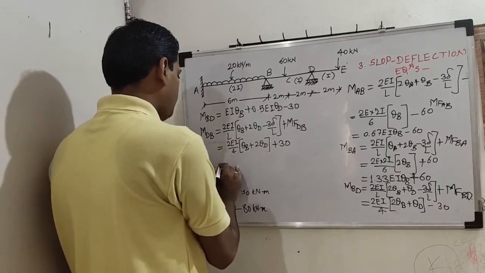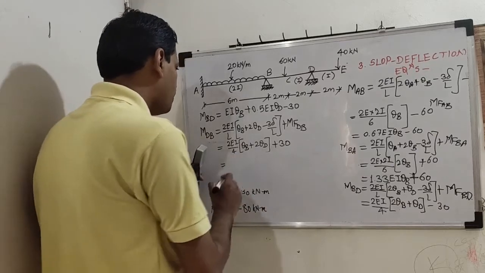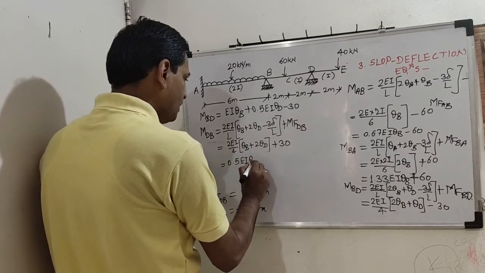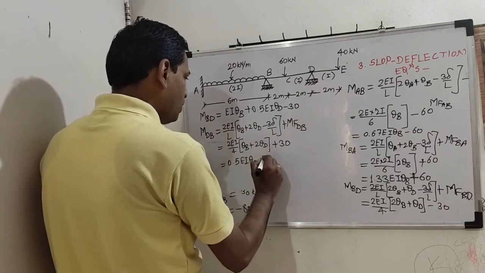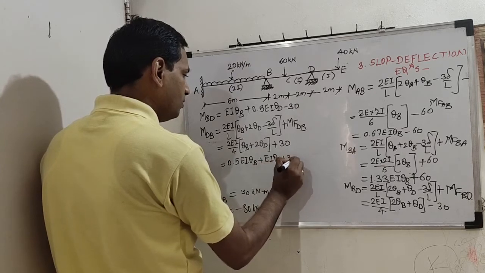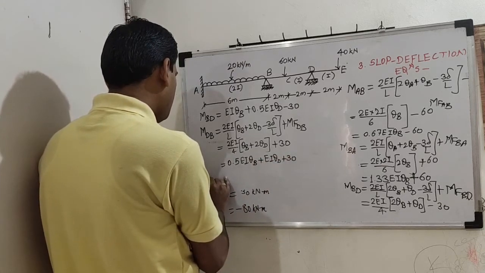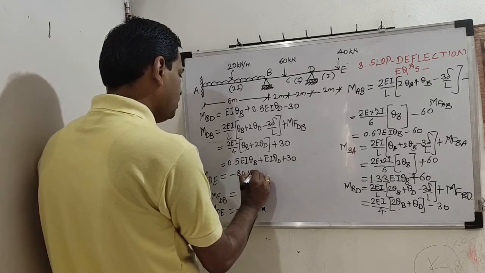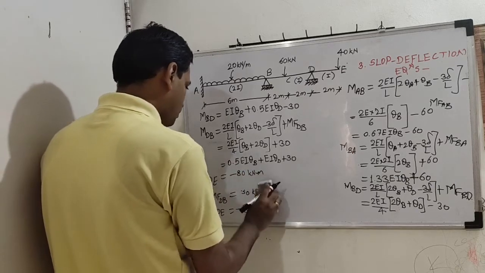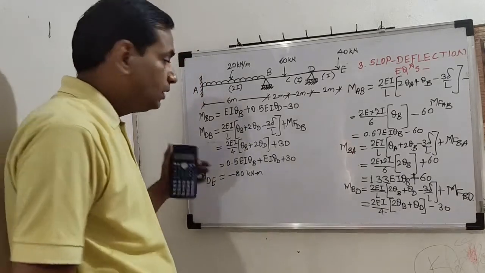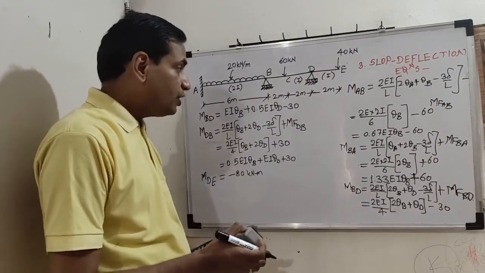So this is equal to 2 by 4 is 0.5, so 0.5 EI theta B plus 4 by 4 is 1 EI theta D plus 30. And the final MDE we have already written, minus 80 kilonewton meter. Okay. So this was step number 3.